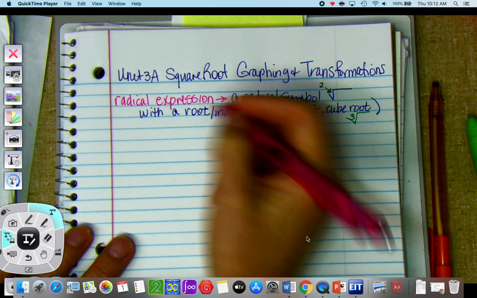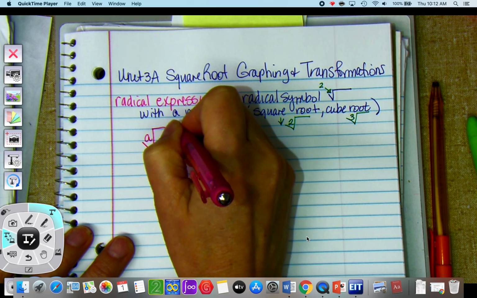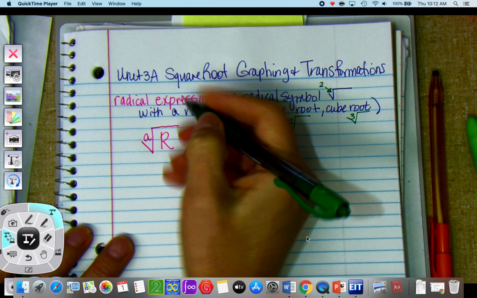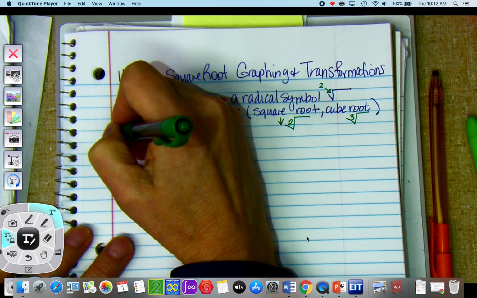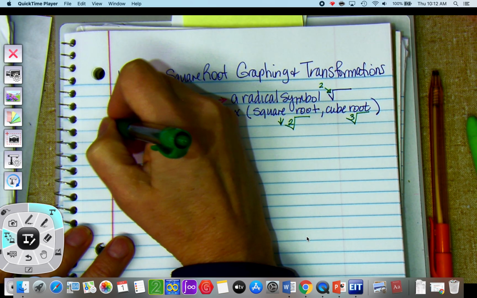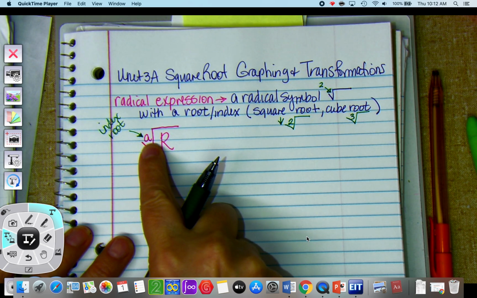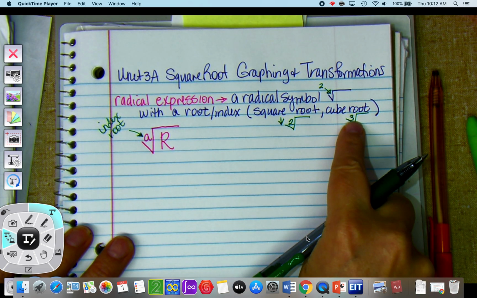Alrighty, let's see what we got here. Let me draw a generic example. That little a is just a variable representing the root or the index. We're going to use a 2, which means you probably won't see it, but if you do see it, you'll see a 2. If it's a 3 there, that would be a cube root.